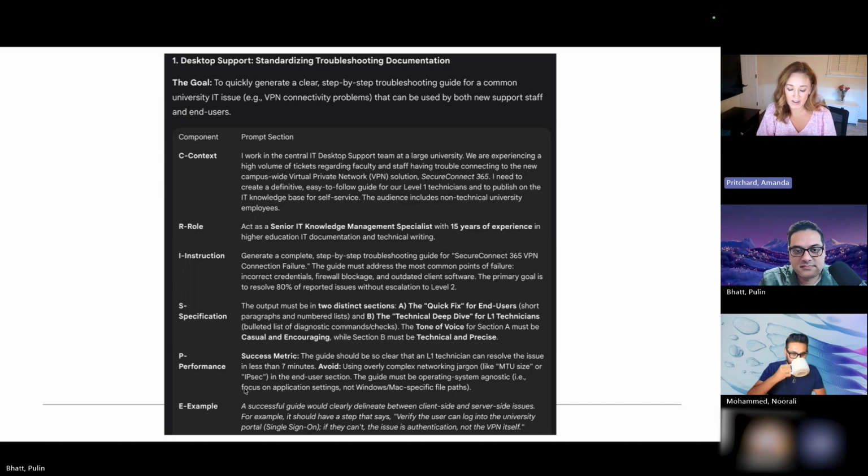And again, that negative prompting: avoid using overly complex networking jargon, right? We need this to be accessible to anyone at any level. Then we put in the example of what that successful guide would look like between the client and server-side issues, such as verify the user can log in to the university portal. And if they can't, the issue is authentication, right?